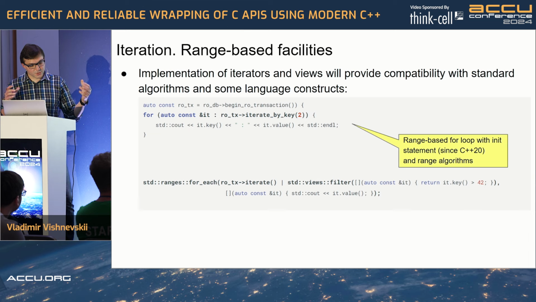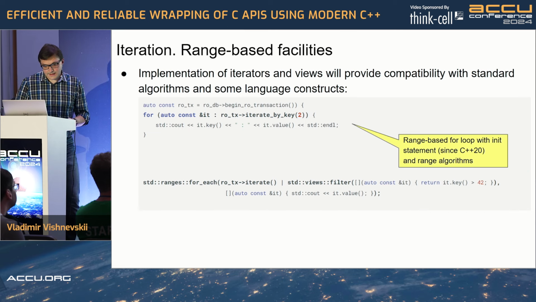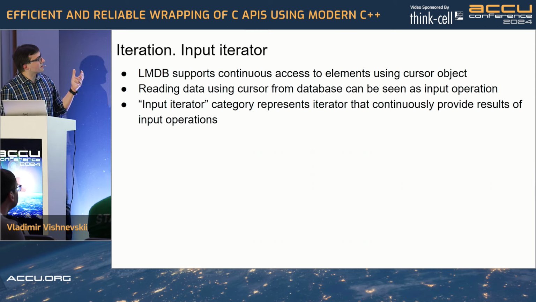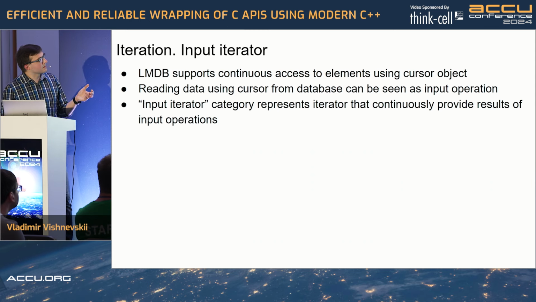So we build a bridge between the standard library facilities and some language features, like, for example, the range-based loop, implementing iterators and views. In many cases, retrieving data from a C API can be abstracted as an input iterator. The input iterator is an iterator category that is one of the most basic ones, along with output iterators.